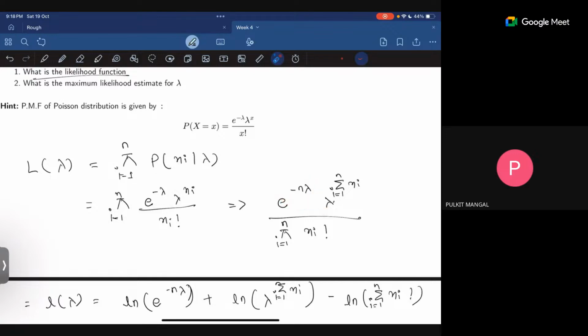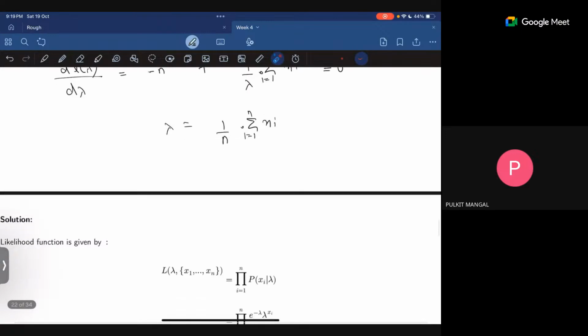And here the summation would go in the power, because you will be multiplying lambda power x1 into lambda power x2 like that, so it would come in summation. And then the denominator would be just the product of xi factorial. Clear?